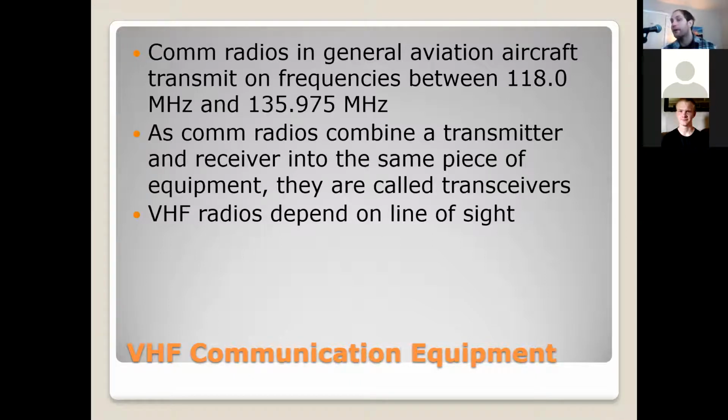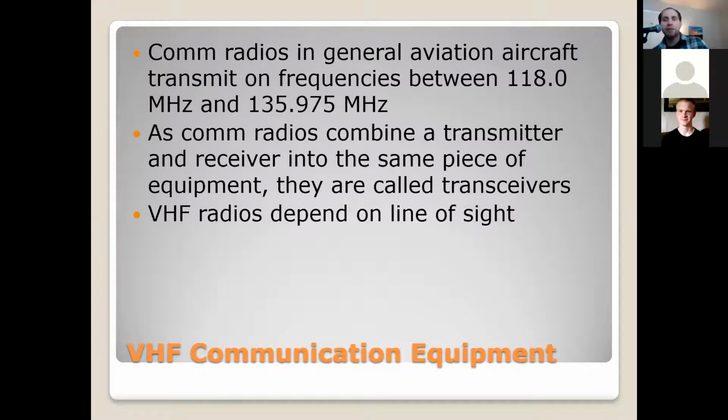In the real aircraft, it wouldn't be as big of an issue because the G1000 system or any avionics display would not let you input an incorrect frequency to begin with. But for you all, as Private Pilot 100, you're learning that there's a difference between communication frequencies and navigation frequencies. Our comm frequency is 118 to 136.